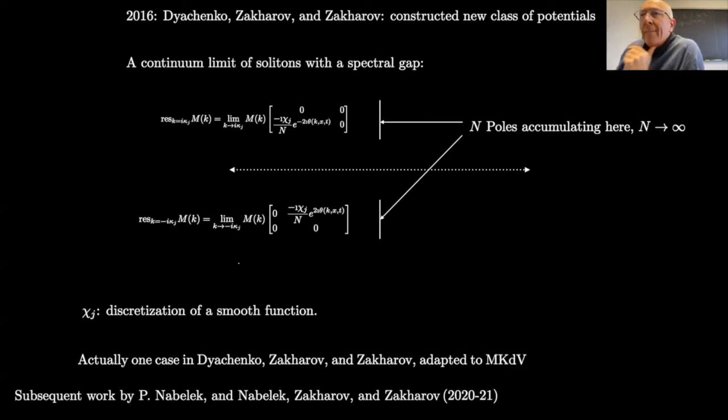So what happens if you let the number of poles go to infinity with all the scalings that I have here? chi j is going to be a nice discretization of a smooth function. So one question you can ask is, does that limit exist, and for what values of x and t does that limit exist?